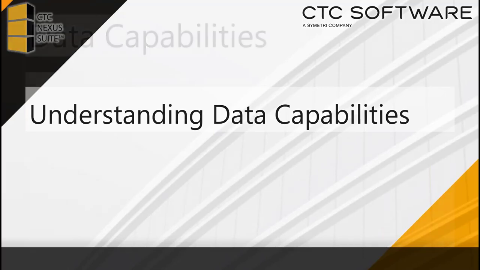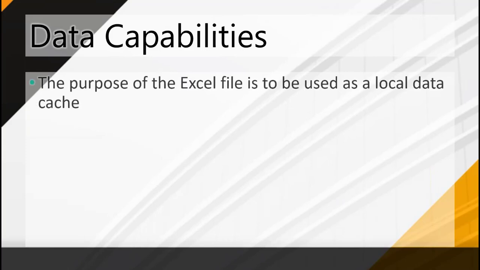So understanding data capabilities. What is the data that is actually going to be here? And kind of like, what are we looking at when this information begins to refresh? Well, the purpose of this Excel file is to be used primarily and pretty much exclusively as a local data cache.